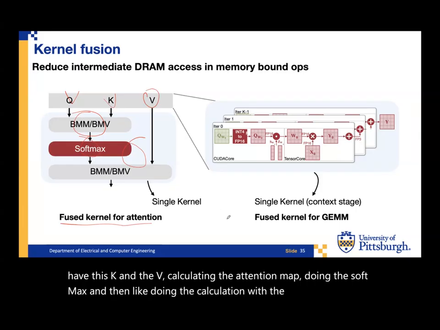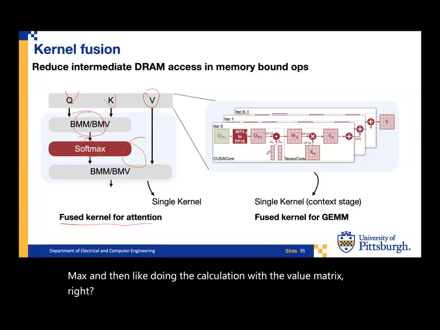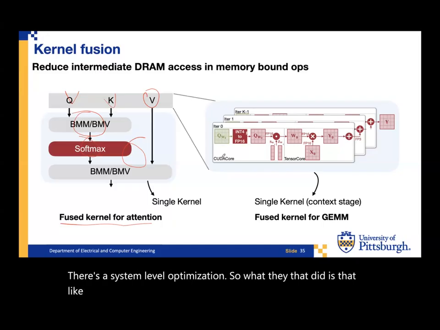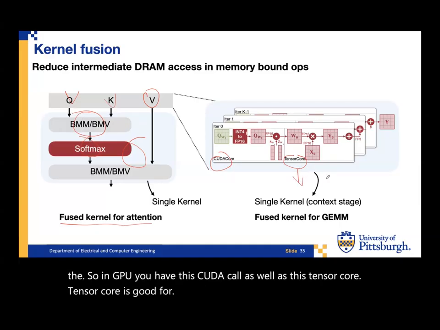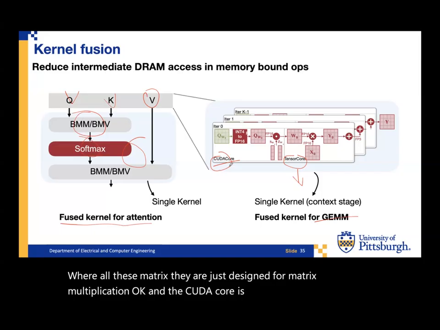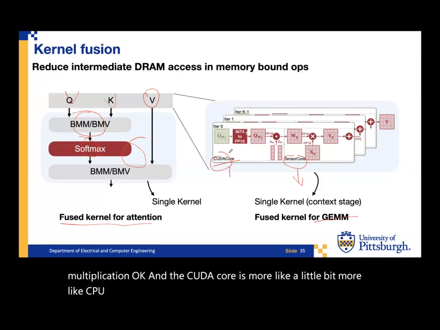So they did this system-level optimization. In GPU you have this CUDA core as well as this tensor core. Tensor core is good for all these matrices. They are just designed for matrix multiplication. And the CUDA core is a little bit more CPU-like, which can do more logic, like the conversion.